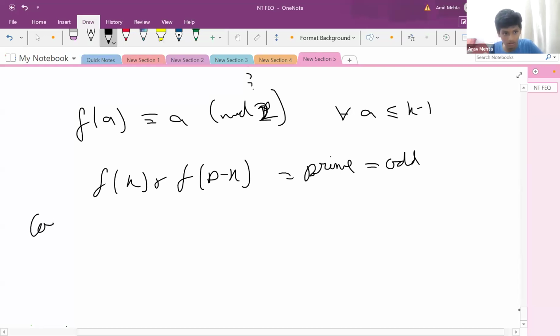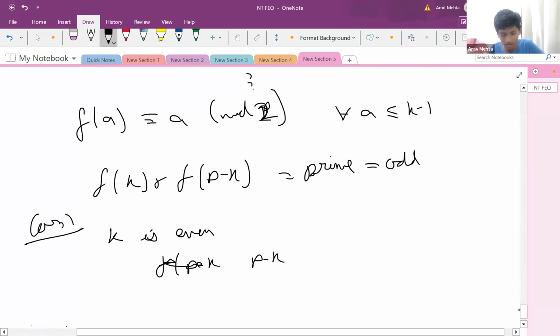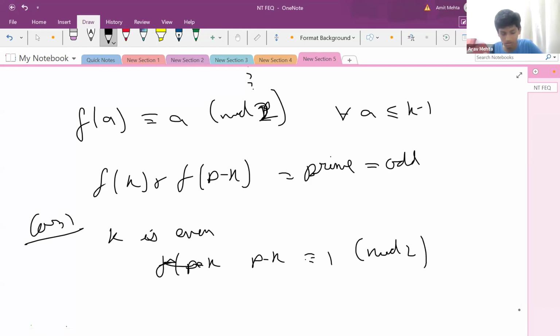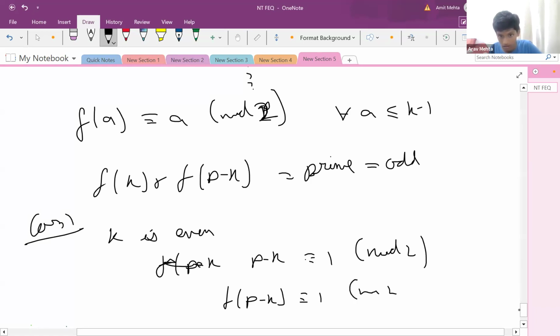Now case 1, if k is even, then p minus k is odd, right? Because p is odd. Hence, f of p minus k is odd.